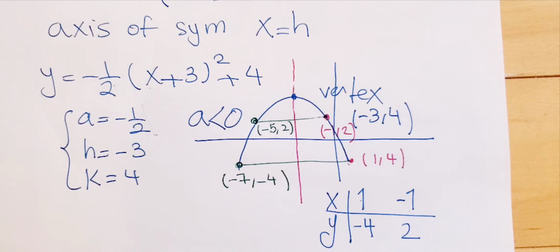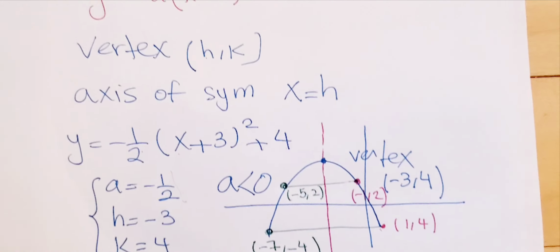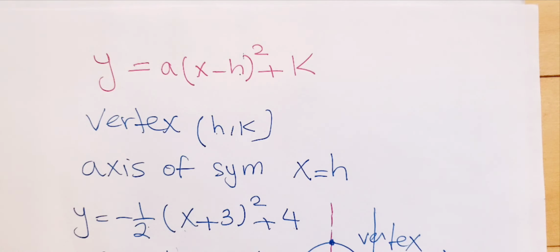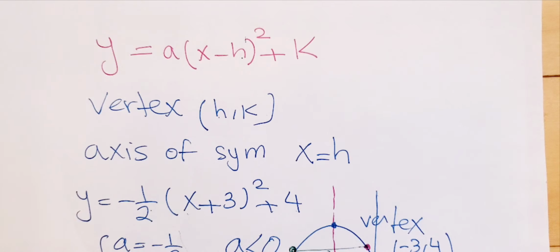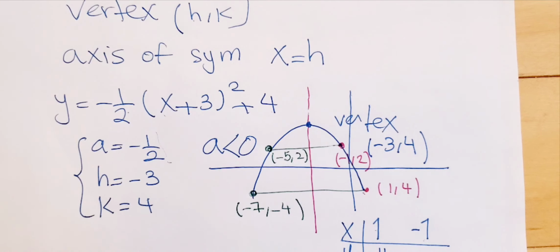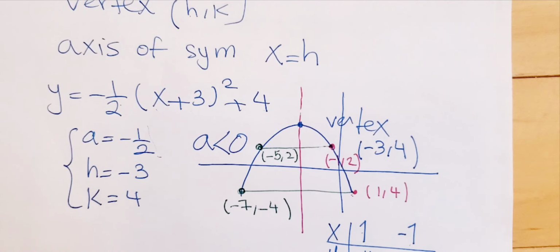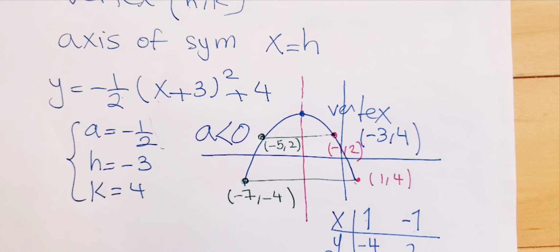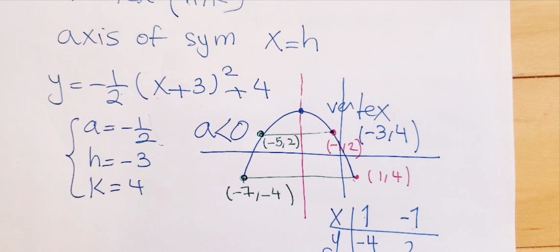The only difference is that because here you don't have the standard format and you have a different format, you have a different formula for the vertex and you have a different formula for the axis of symmetry. Other than that, the rest of the steps are the same. You identify A, H, K, and then you find the vertex coordinates.